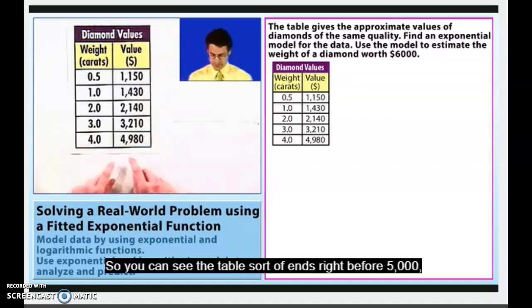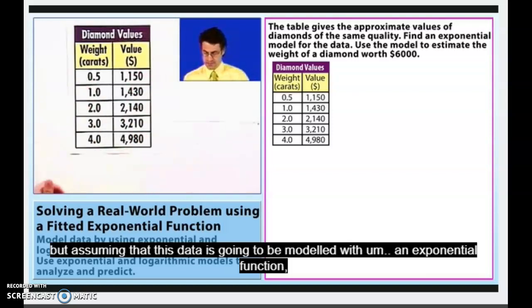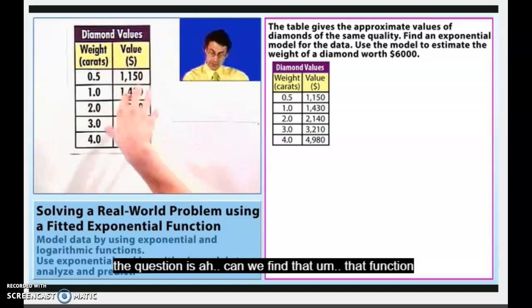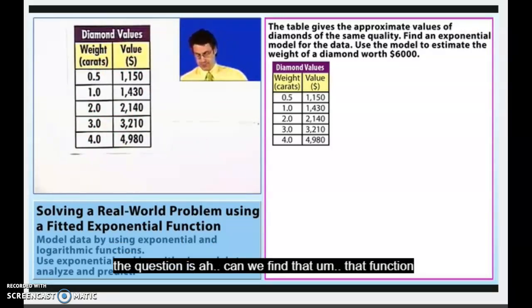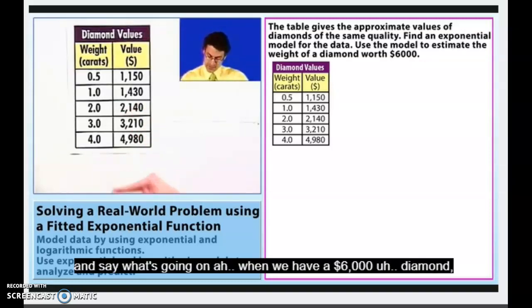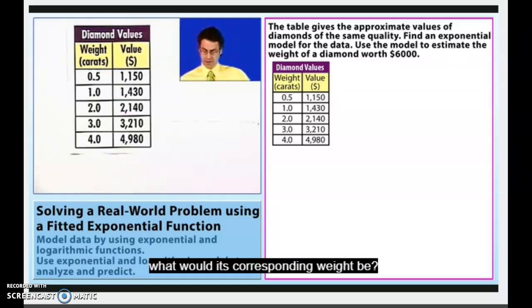So you can see the table sort of ends right before 5,000, but assuming that this data is going to be modeled with an exponential function, the question is, can we find that function, and then can we use it to extrapolate and say what's going on when we have a $6,000 diamond, what would its corresponding weight be?